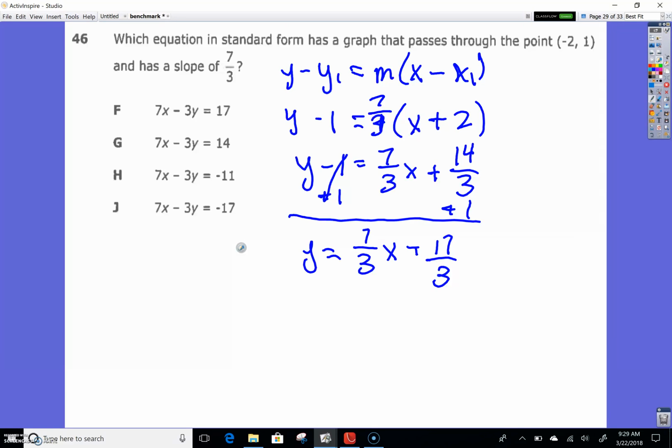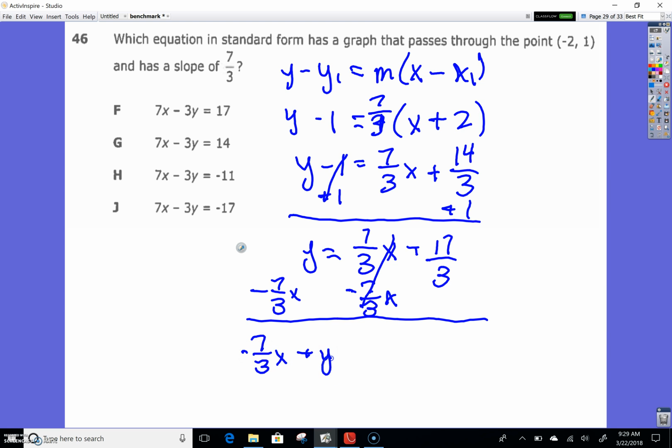And then I have to subtract 7/3 x from both sides, and you get negative 7 over 3 x plus y is equal to 17 over 3.